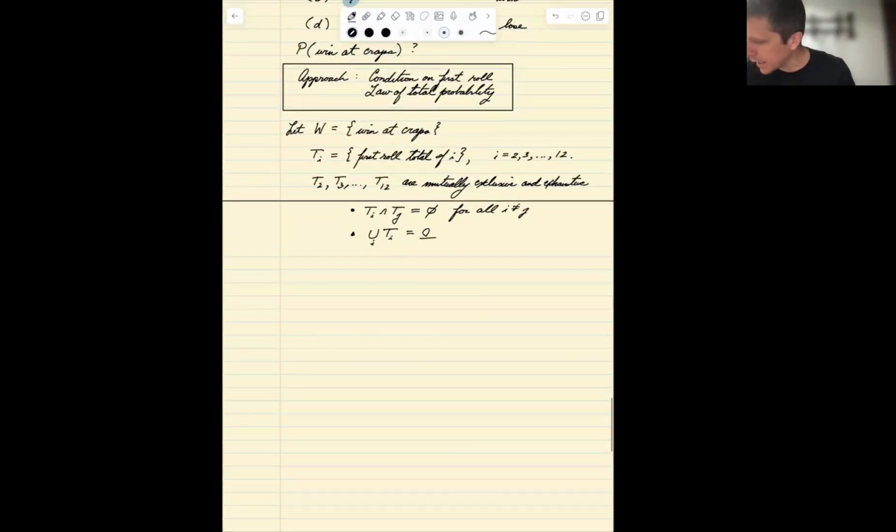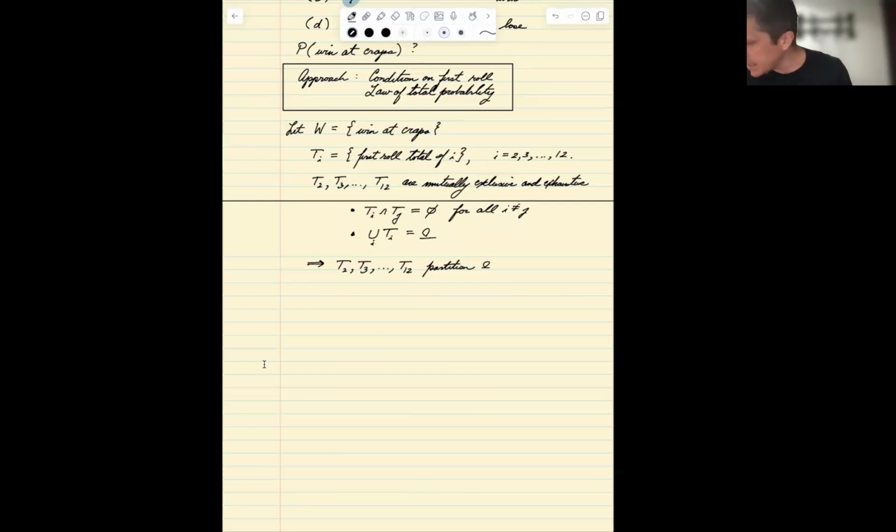So that means that the TIs partition the sample space. And then we can apply the law of cases. Okay.